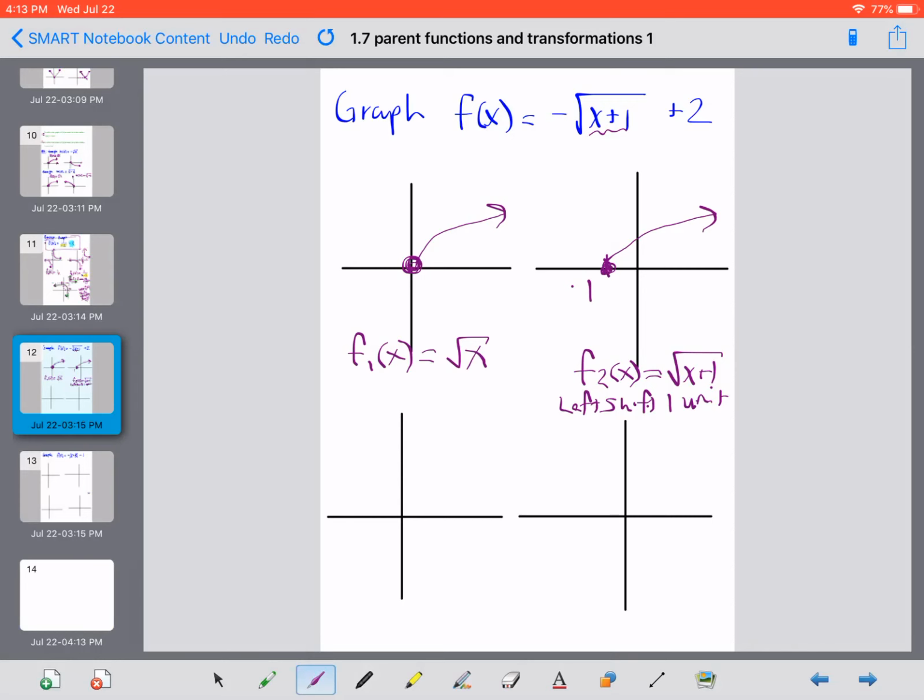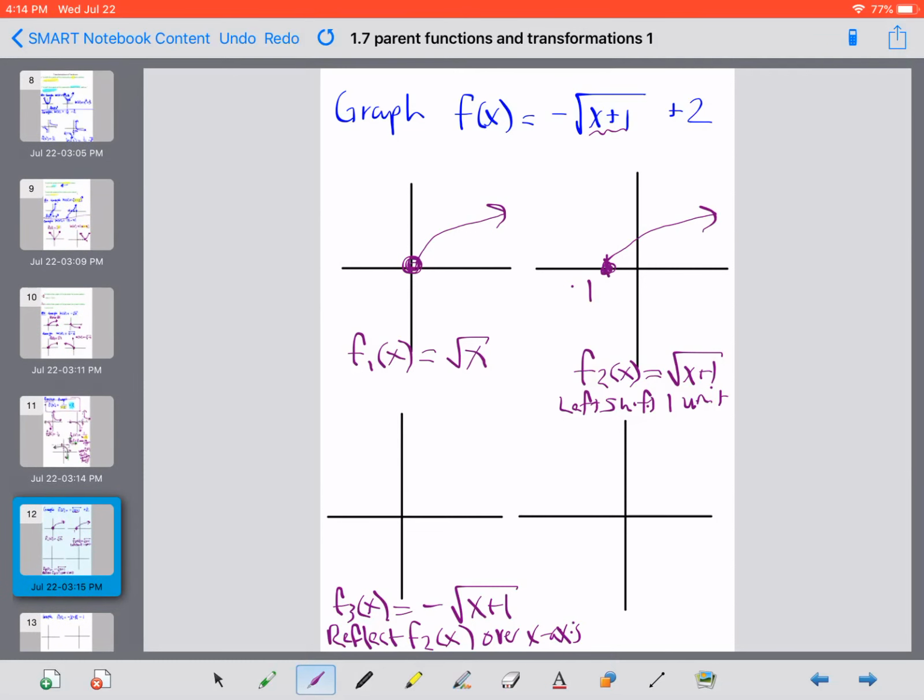All right, now let's think about this negative sign on the outside. So for my third graph, I'll call it f3 of x, I want to try to graph negative square root of x plus 1. So I'm going to take that f2 graph, the one that I just drew, and a negative on the outside means that I reflect it over the x-axis.